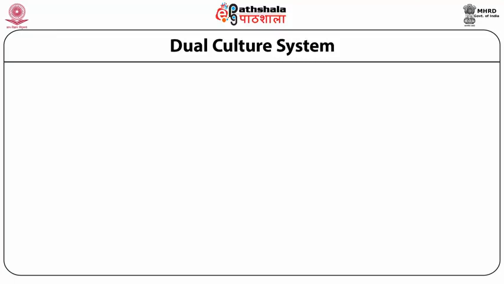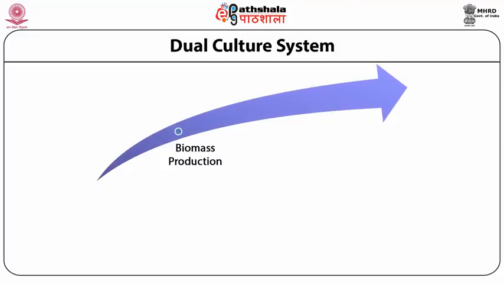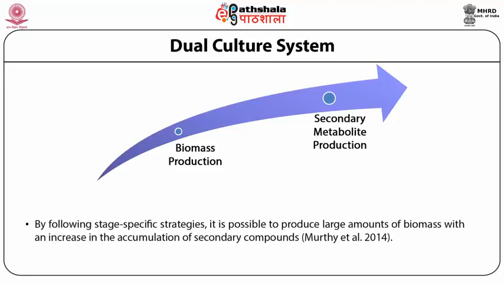Dual culture system. As I mentioned, the process can be divided into two phases. The first phase is biomass production and the second phase is secondary metabolite production. Each phase has its own specific requirements, and by following stage-specific strategies, it is possible to produce a large amount of biomass with an increase in the accumulation of secondary metabolites.